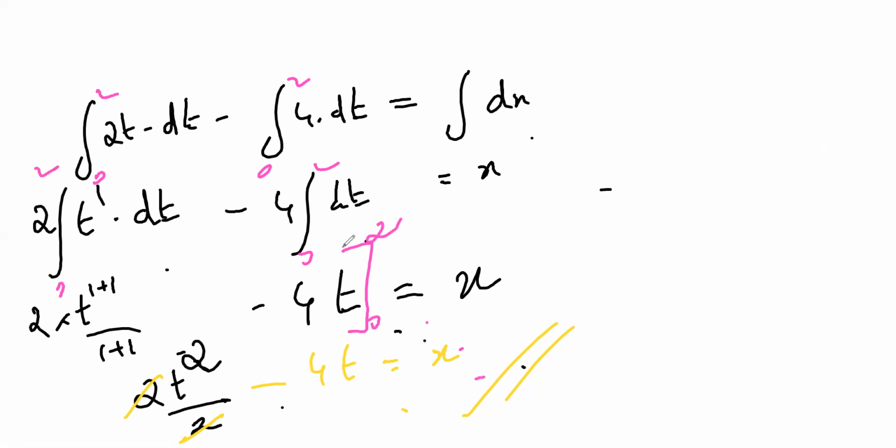So in place of t, I have to put 0 to 2. That's it. This is nothing but upper limit minus lower limit.